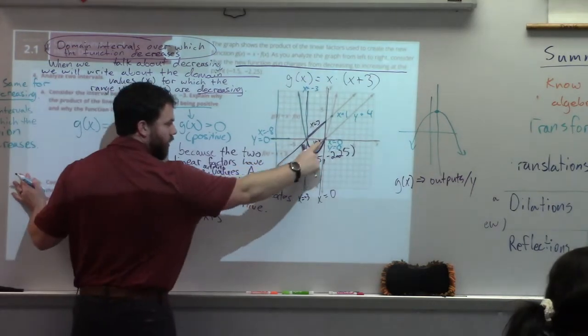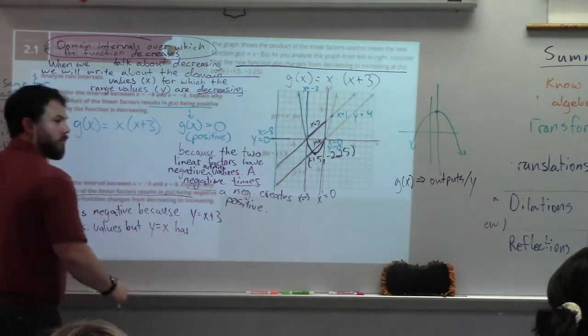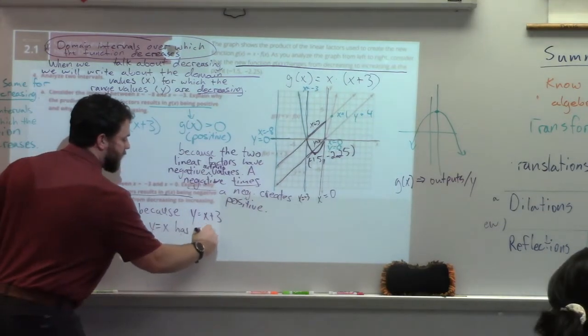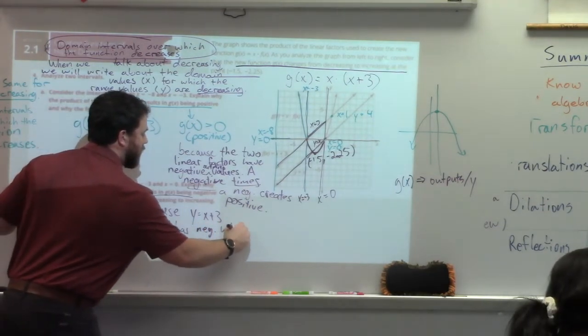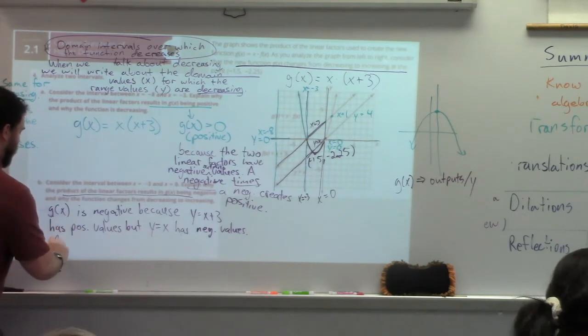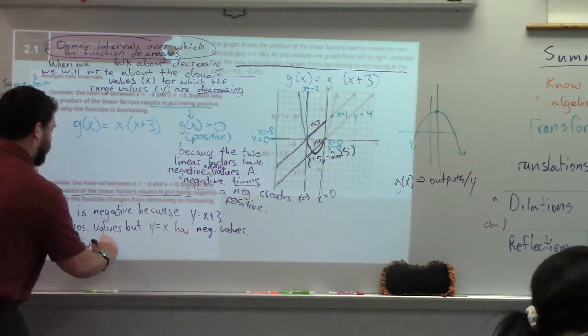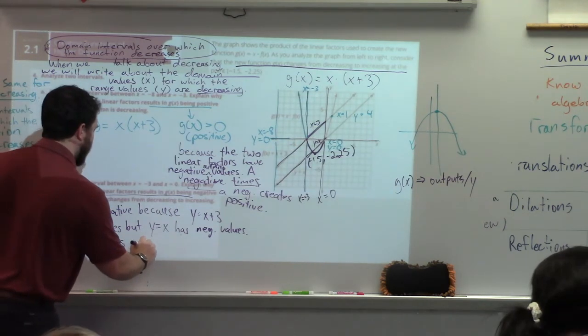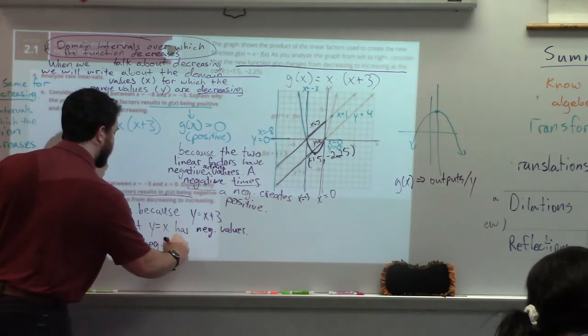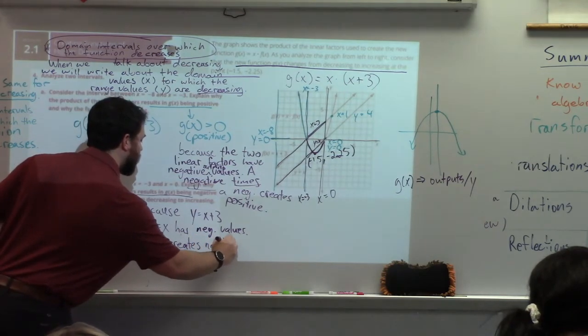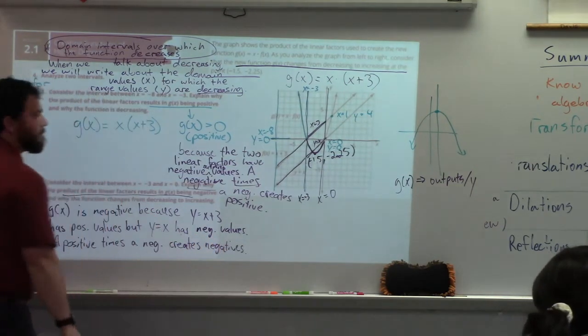Notice how it's below 0, y always below 0, so y equals x has negative values. A positive times a negative creates negatives. That's why.